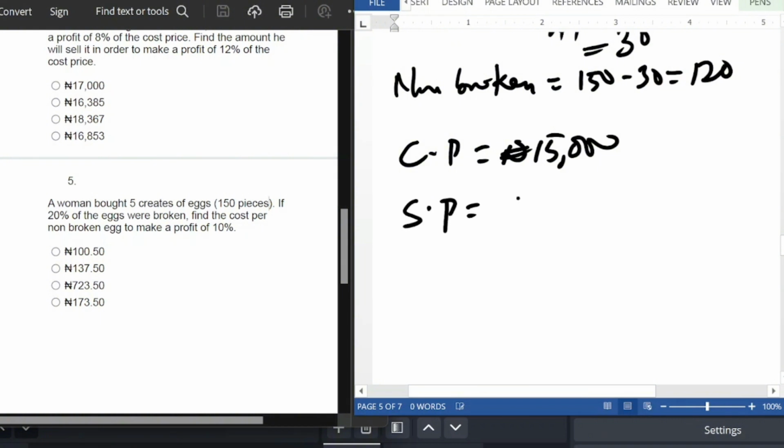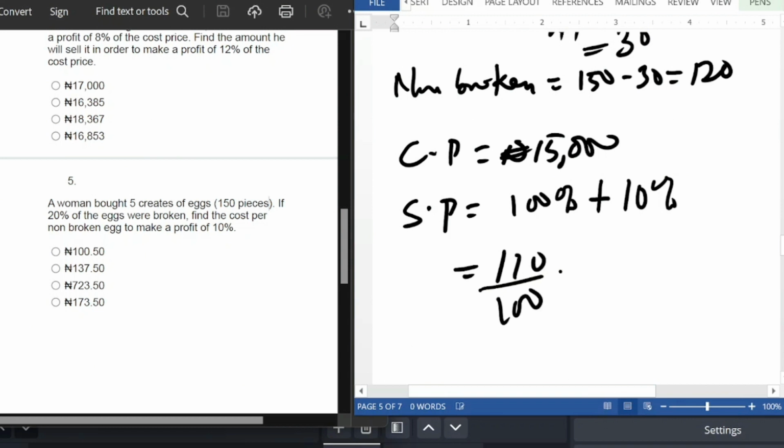The selling price will be 100% plus the profit of 10%, giving 110% of the cost price, which is 15,000 naira. We cancel the zeros and multiply 110 by 150.